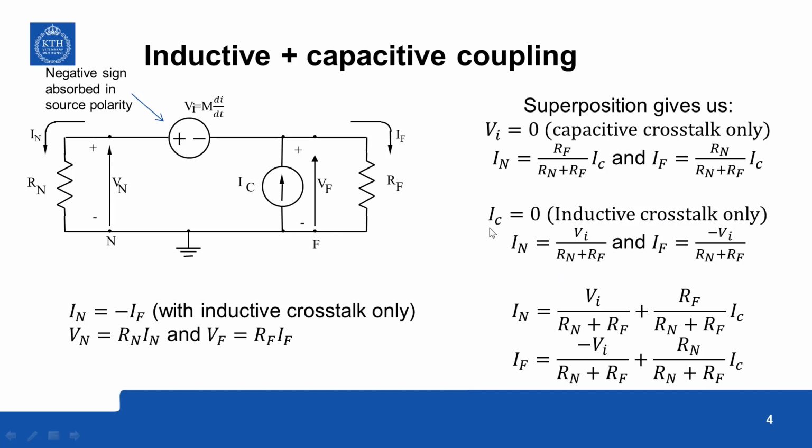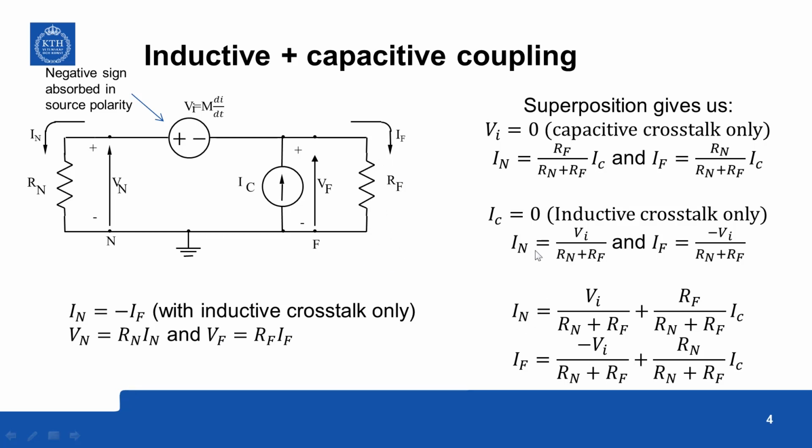Now if IC equal to 0, that is inductive crosstalk only, and only the series voltage source is there, then this voltage is dropped across this plus this. So the total current In equals minus IF in that case, and Vn will be Rn In and Vf equals Rf IF.